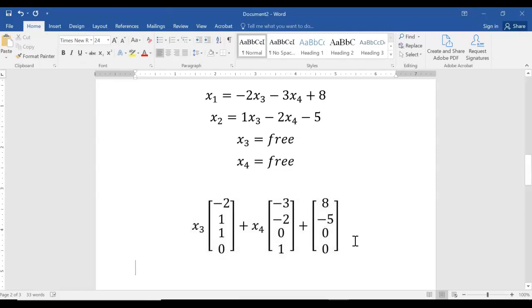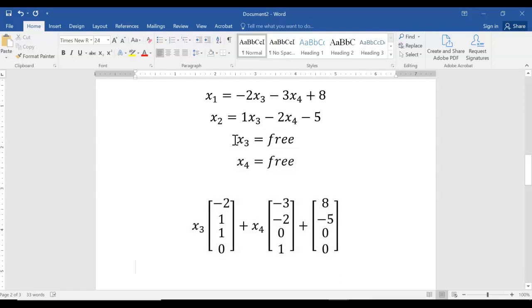And I claim that all of the solutions to that original non-homogeneous system are going to look like this. They're going to look like the 8, -5, 0, 0 entry.